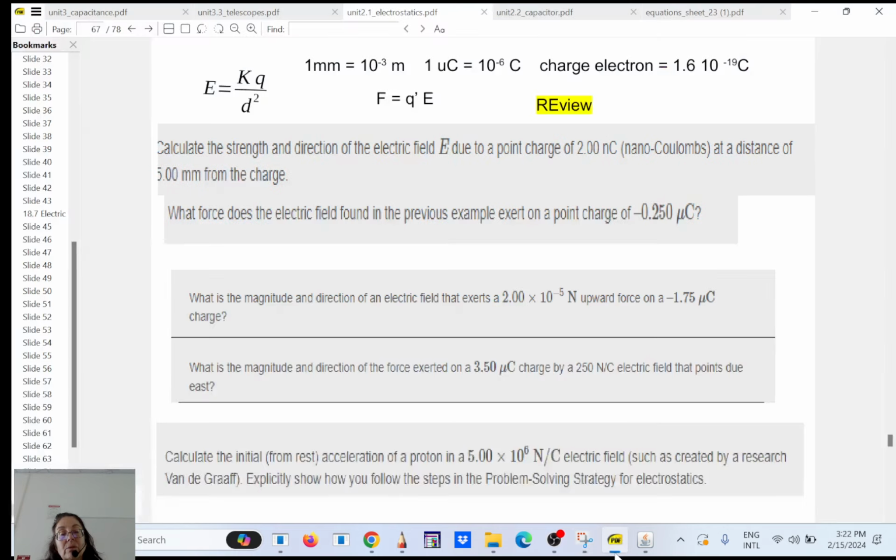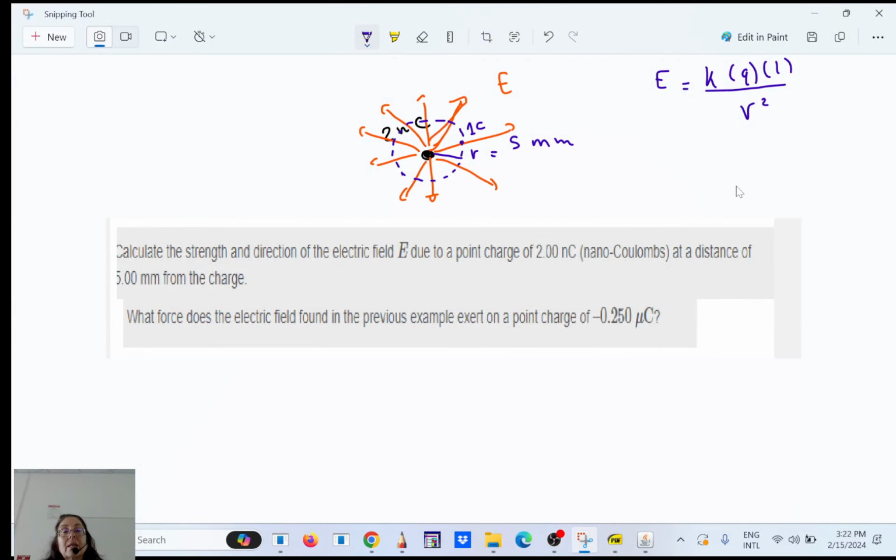Then you look back to your equation sheet and just plug it in. That will be 9 times 10 to the 9 times the charge 2 times 10 to the negative 9 times 1, over 5 millimeter, which you replace by 5 times 10 to the negative 3, squared.